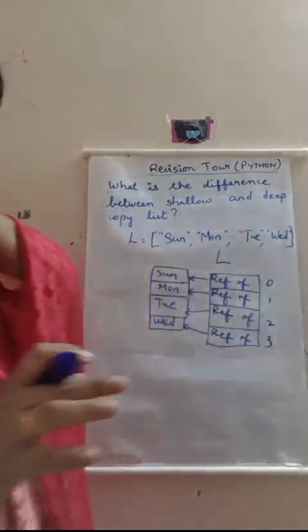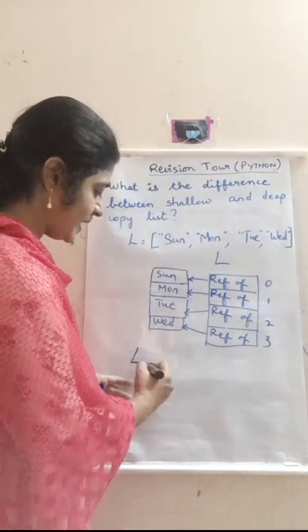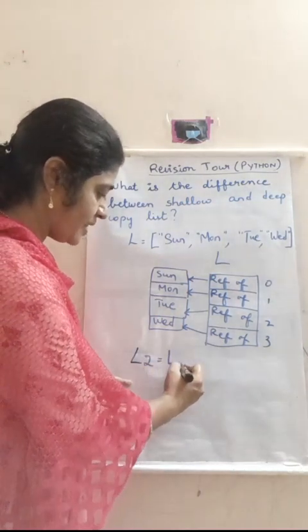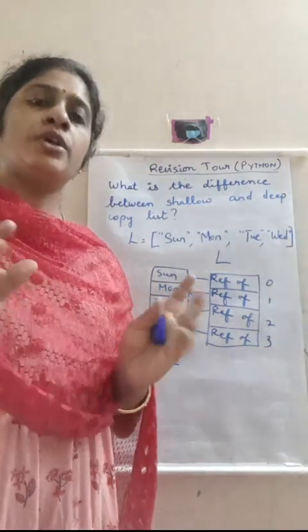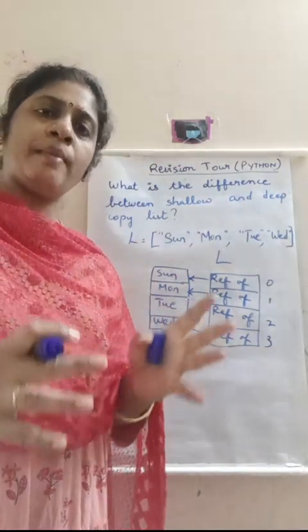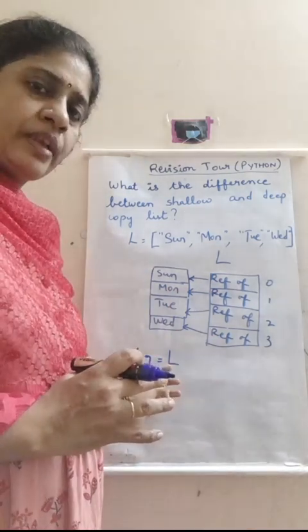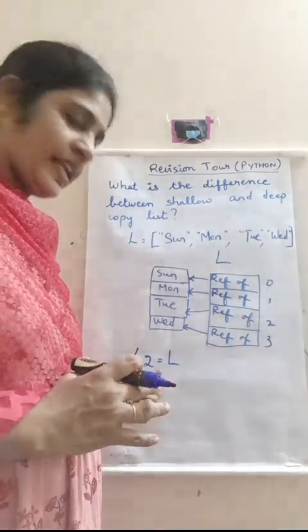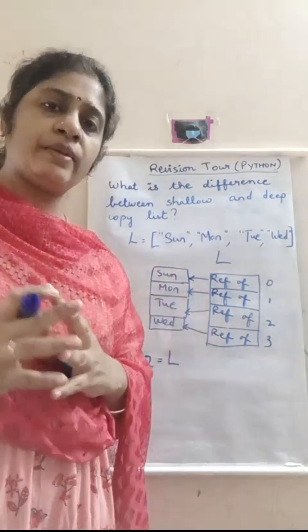Now suppose I use the assignment statement and write L2 is equal to L. What will happen? Do you think a new memory will be allocated for L2, a new list will be created for L2? No. A new list won't be created.